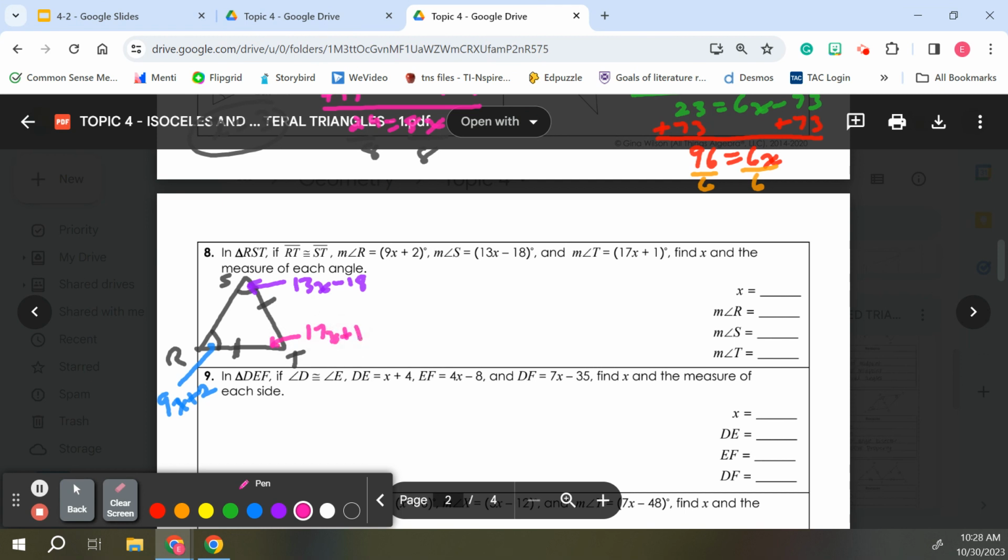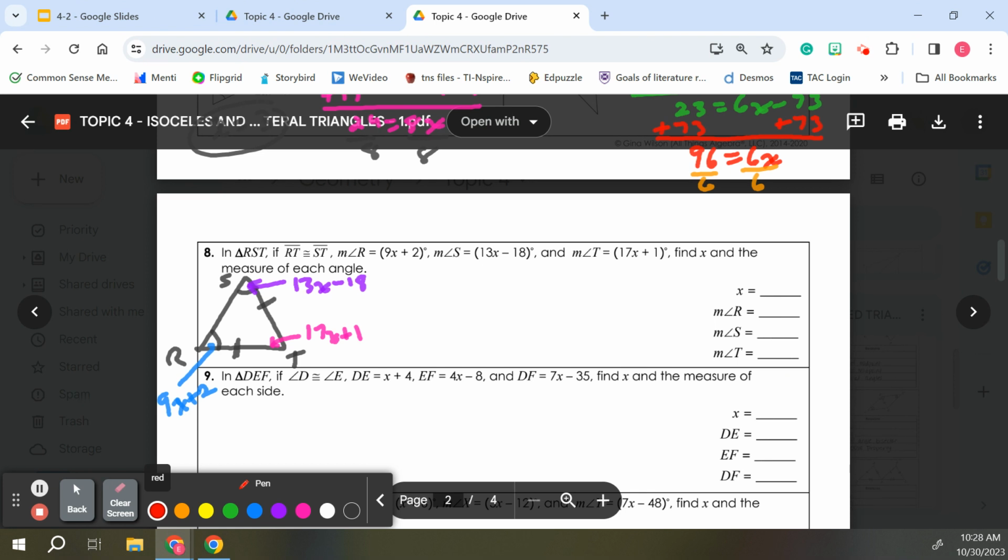They want us to find x and then each measure. Which two angles do I need to use in order to find x? Because that has to be your first step. Which two are going to work? R and S, S and T, T and R?